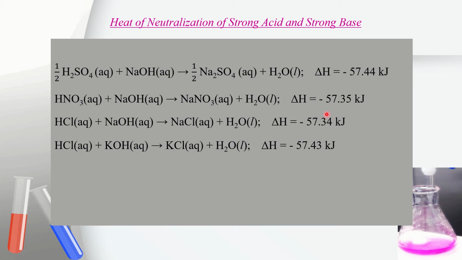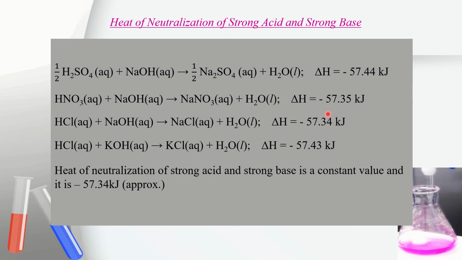There is an important piece of information. Look, strong acid and strong base are 100% ionized in solution. So when strong acid and strong base react together, they produce salt and water, and their heat change will be approximately minus 57.34 kilojoule.